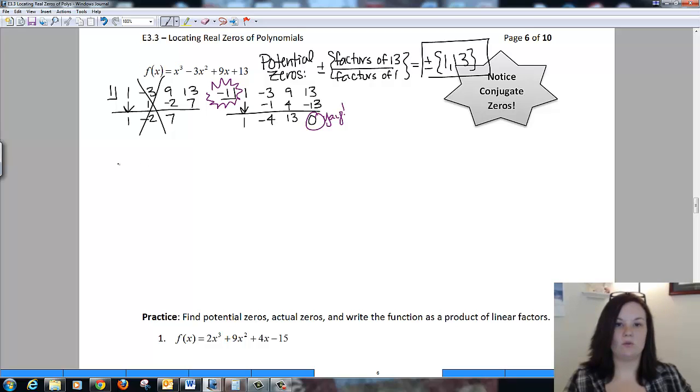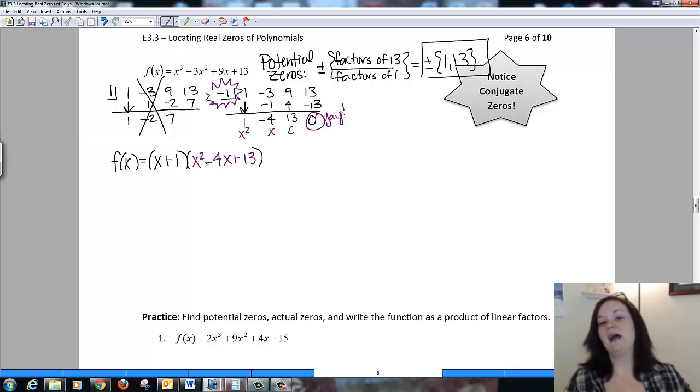So I'm going to go ahead and write this out as it looks. So f of x is equal to, since negative 1 is a 0, we know that x plus 1 is a factor, times my remaining factor here, which remember, this is my constant, this is my x, this is my x squared. So I'm left with x squared minus 4x plus 13. Okay.